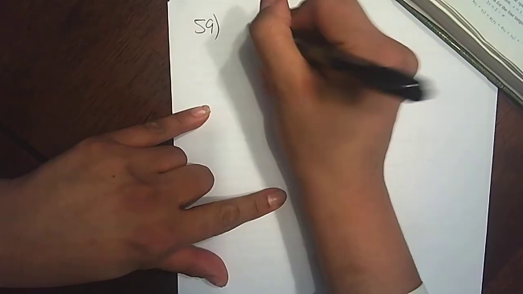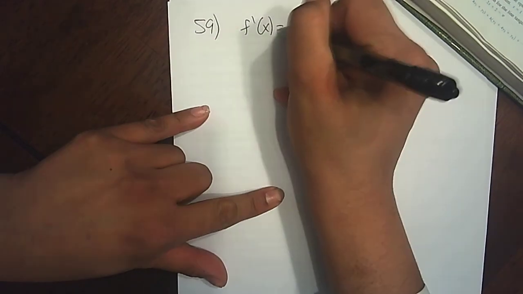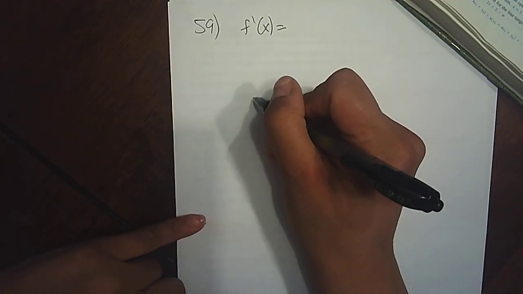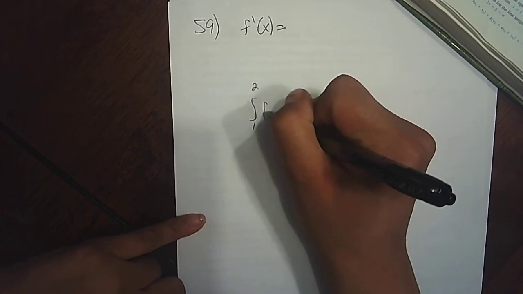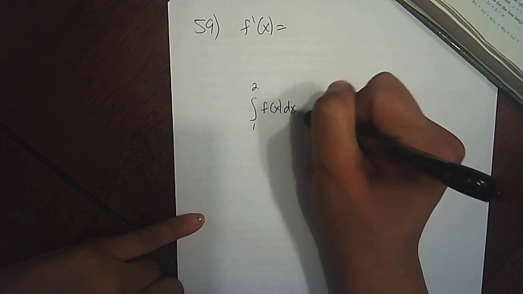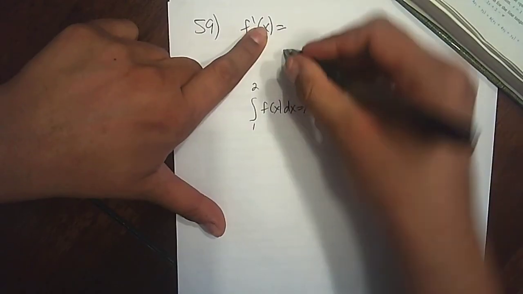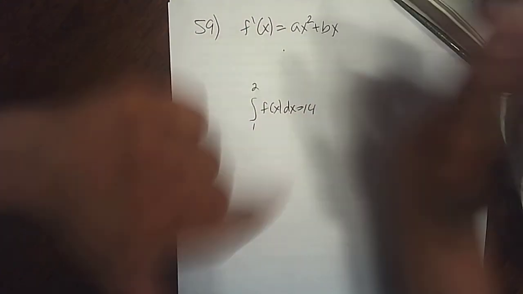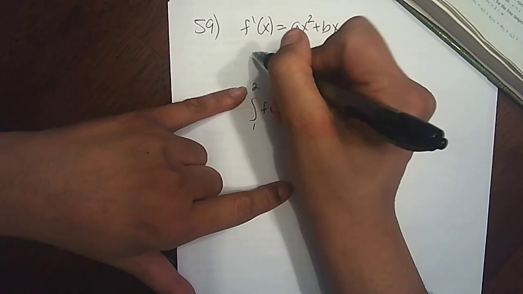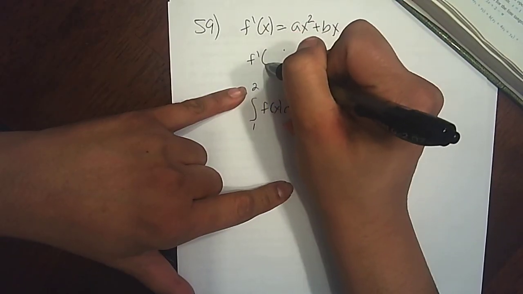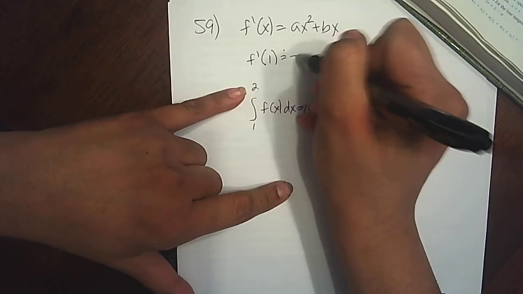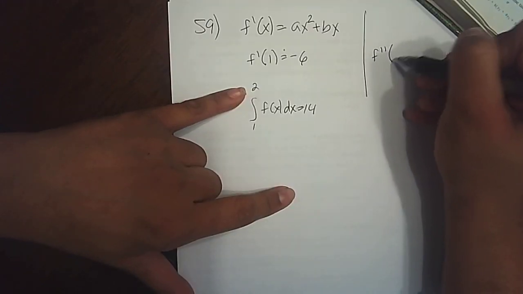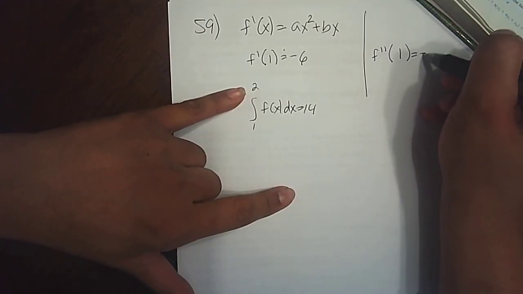For 59, they gave you f prime of x. They gave you a random integral, and I promise it's not random. It's the integral from 1 to 2, f of x dx, equals 14. F prime of x has a's and b's. It's ax squared plus bx. They also told you in part B that f prime of 1 is negative 6, and that f double prime of 1 is positive 6.